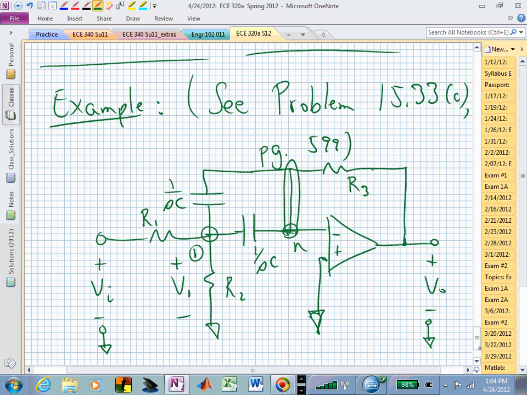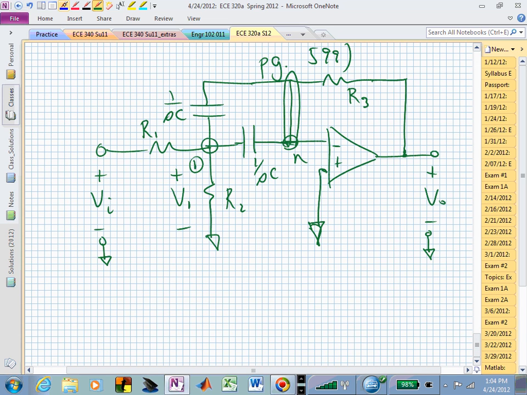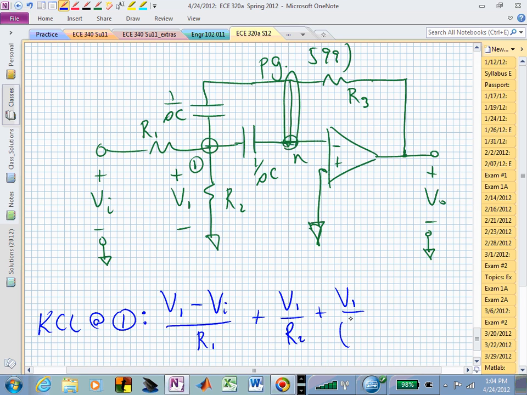If I now do KCL at 1, I have V1 minus VI over R1. I have V1 over R2. I have V1 over 1 over SC.